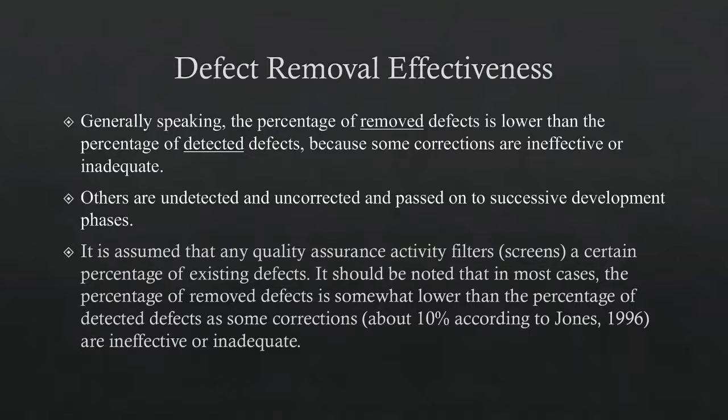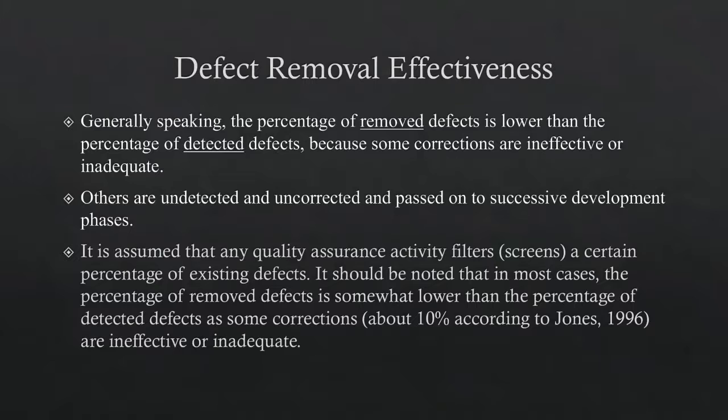Defect removal effectiveness. Generally speaking, the percentage of removed defects is lower than the percentage of detected defects because some corrections are ineffective or inadequate. Others, undetected and uncorrected, are passed to the successive development phase.